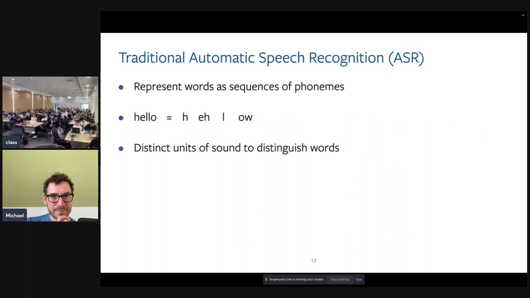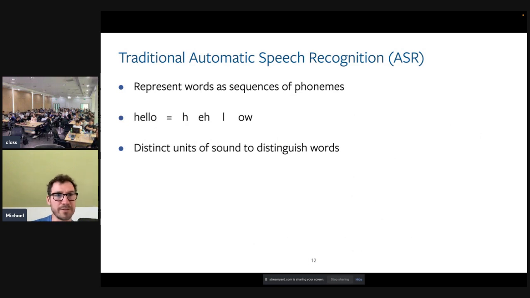So how do we actually represent these transcriptions? Well, typically what's done is instead of directly outputting words, we output a sequence of phonemes. So W is a sequence of phonemes. And what is a phoneme? A phoneme is basically a distinct unit of sound.